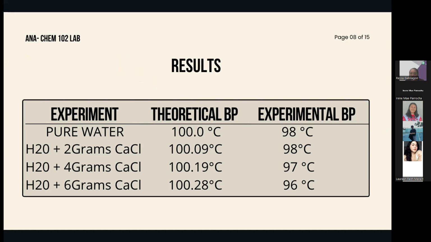As you increase the solute, the boiling point also increases. However, in your experimental data, as you increase the solute, there is a decrease in the boiling point. So, have you explained this in your conclusion? Or did you research why?